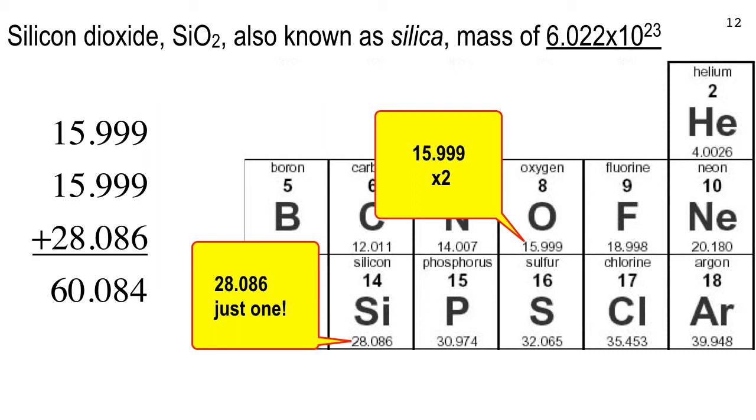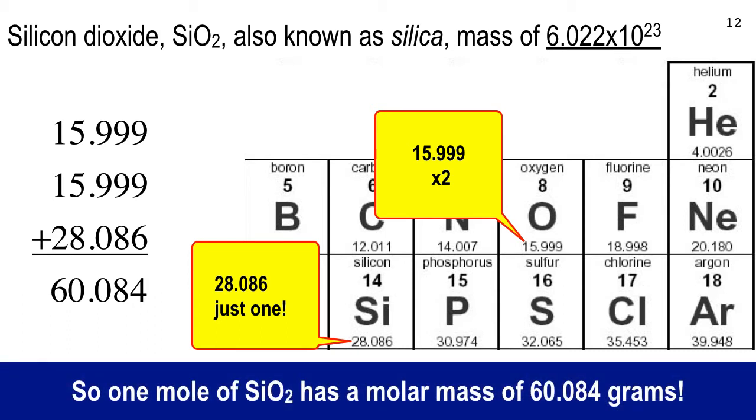Okay, and so that's why chemists, household quantities, a handful, a bucket, a liter, you're talking moles, or maybe a few moles, or maybe half a mole, depending on how big the container is. Okay. So 1 mole of SiO2 has a molar mass of 60.084 grams.